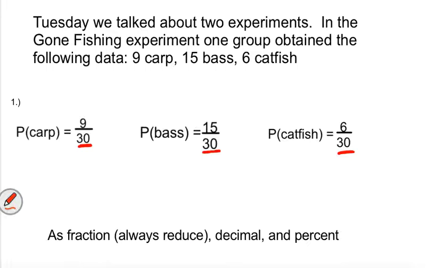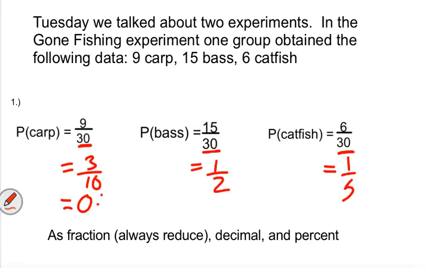Now, the way I can find this, we always have a fraction and we always want to reduce. So I'm going to divide both of these terms by 9, and I would get 3 over 10. Here, both of them can divide by 15, and I would get 1 over 2. Here, both of them can divide by 6, and I'm going to get 1 over 5. So this one equals 0.3, or 30%.